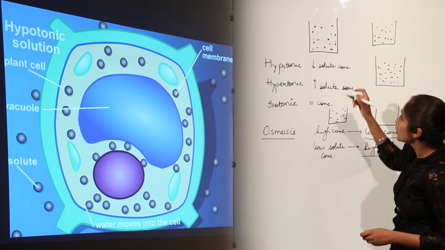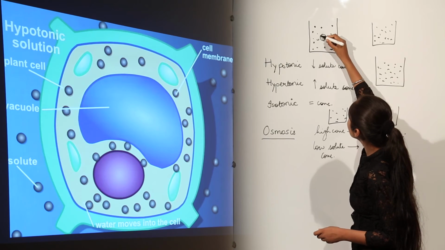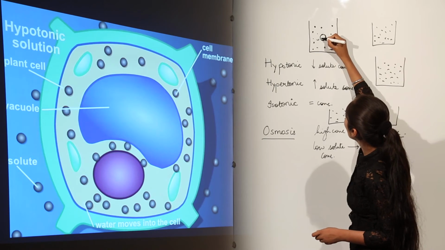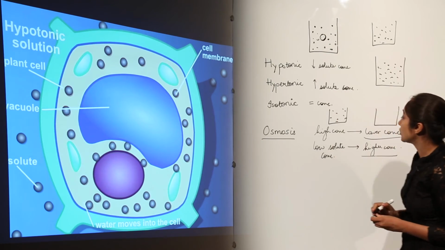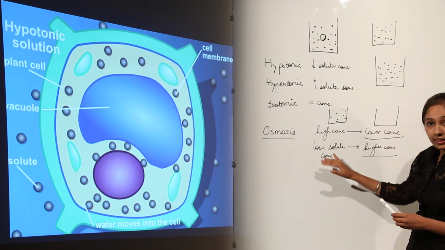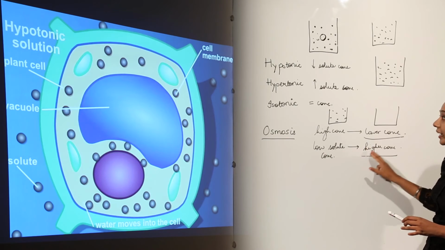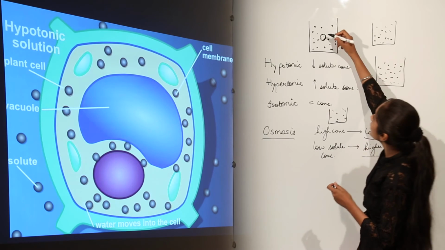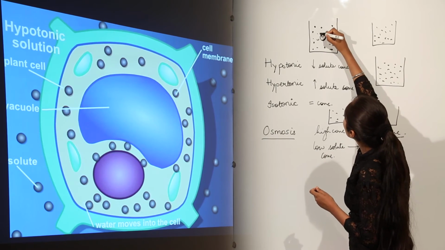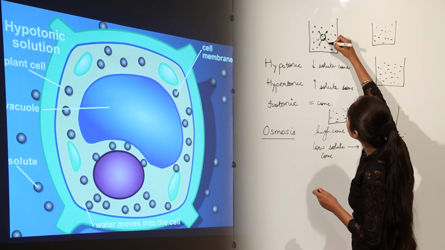This is going to lead to what? The red blood cells are at a lower concentration of solute molecules, so the movement of solute is from lower solute concentration to higher concentration, which means movement like this.